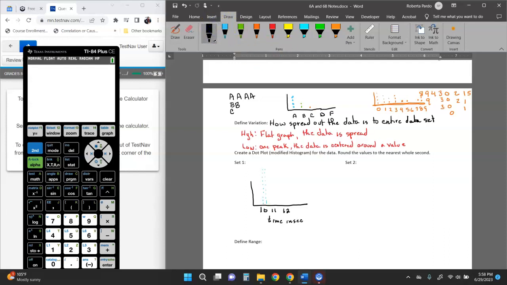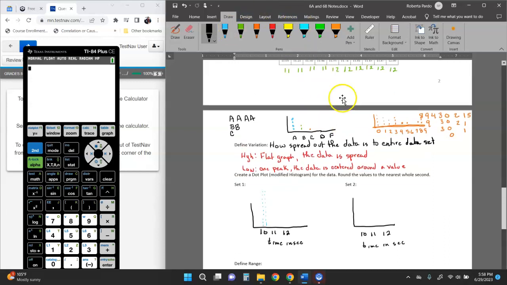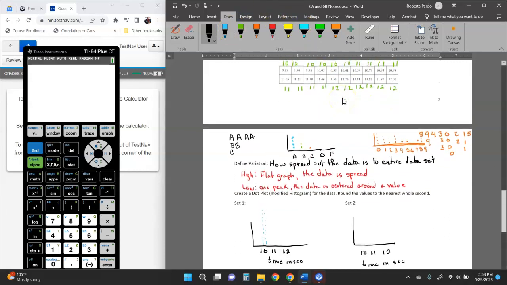In our other graph, for our second set, we have, again, 10, 11, and 12. Again, time in seconds, and label these. And this time we had 6 10s, 8 11s, and then we had 6 12s.